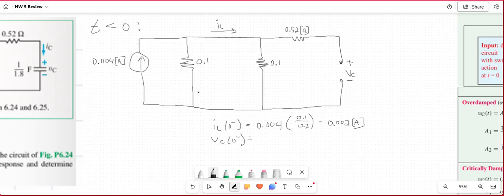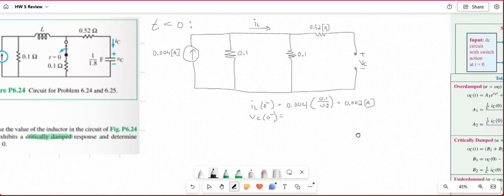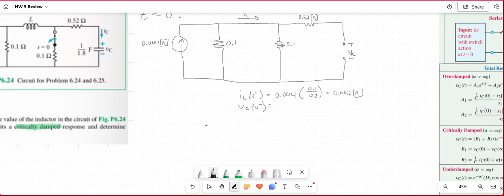Okay, for IL 0 minus. And then VC 0 minus, I just visualize it better when I do a quick little source transformation. So when we source transform, this would be 0.0004 volts.